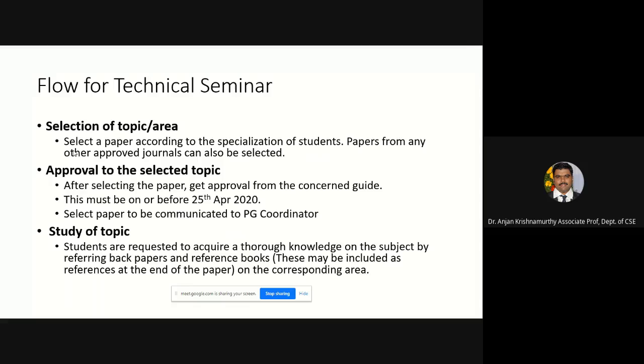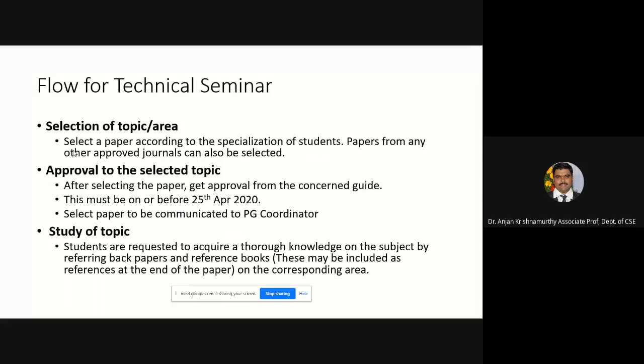So after you have done that selection, get the approval from the concerned guide as a reply. This is supposed to be done on or before 25th of April, and after your guide has approved that particular topic, you may send that particular paper and the mail thread of your communication to the PG coordinator, right? So this is the second step after you do the approval of the selected topic.